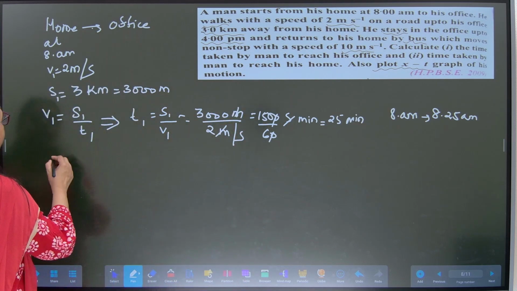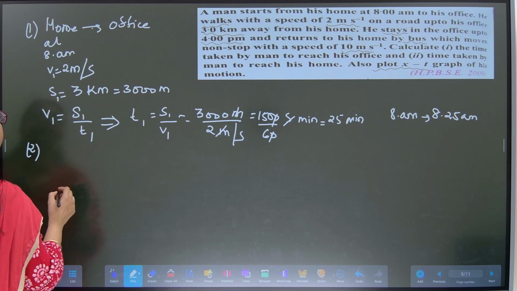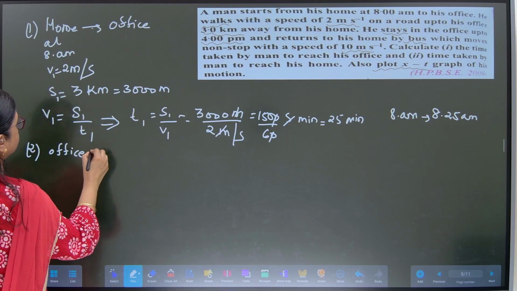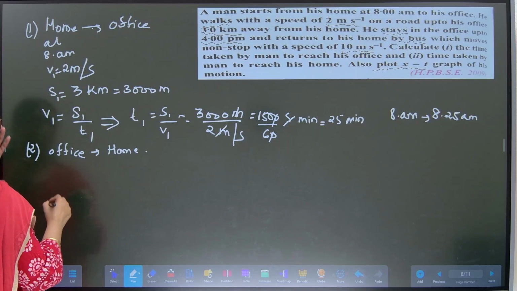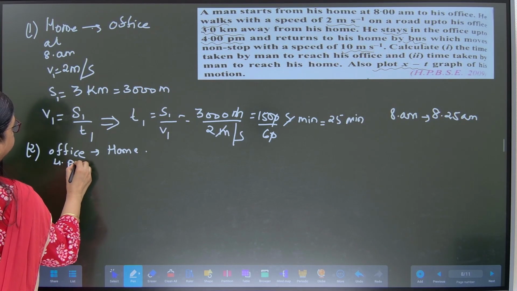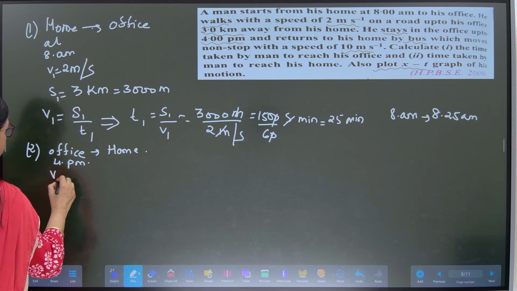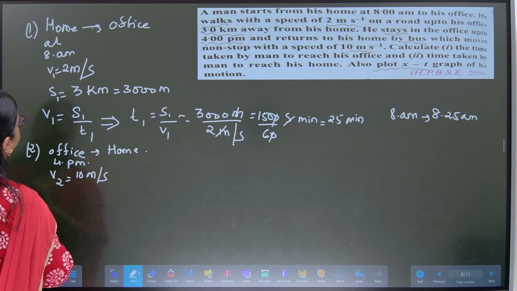So now we will do the second part of his journey from office to home. Okay. When did he start? At 4 p.m. as given to us. So we will write V2 is equal to 10 meters per second.